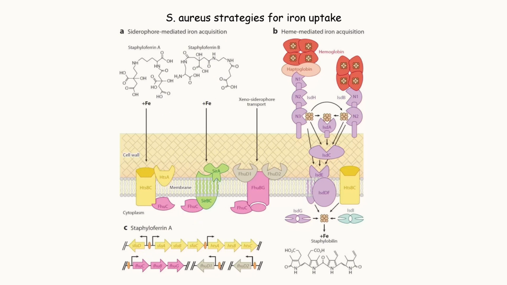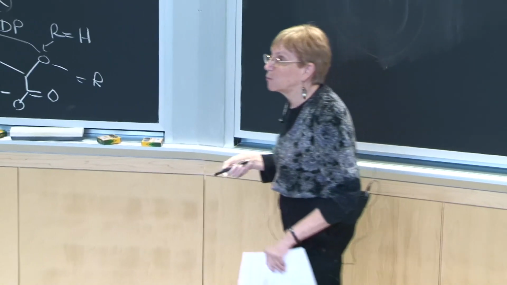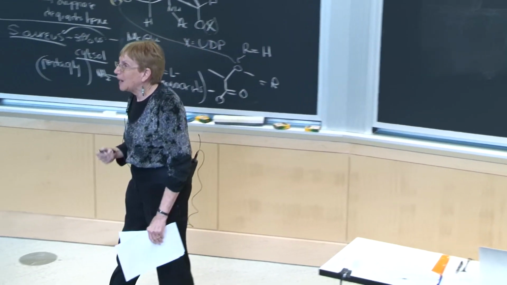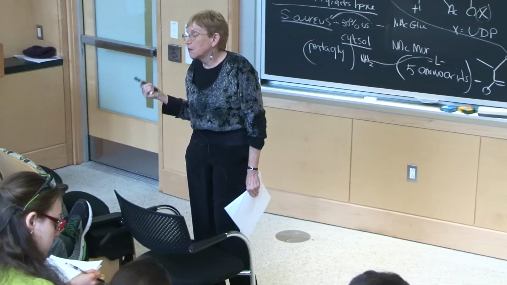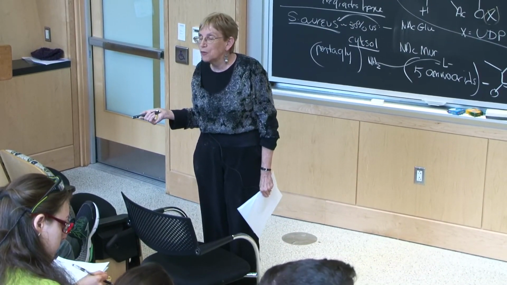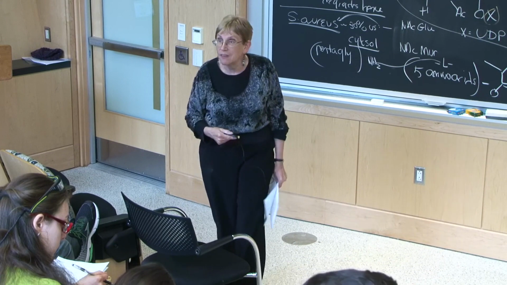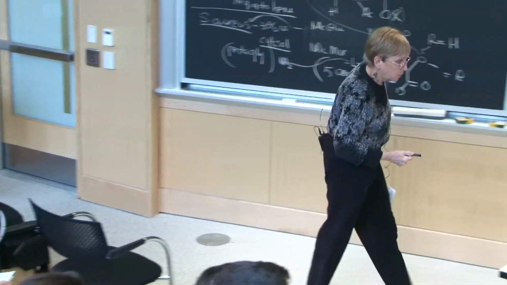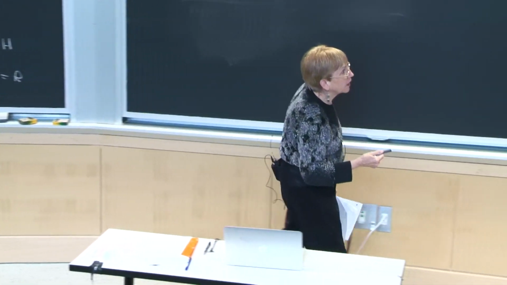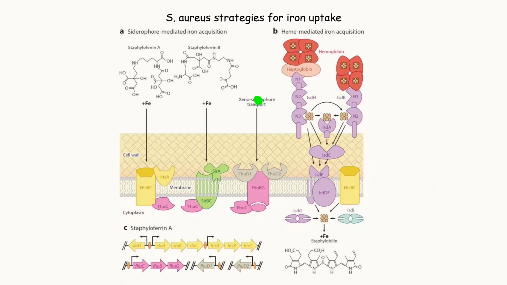And I think what's interesting here, and I've already pointed this out, in addition to the siderophores that the organism makes, it also has a generic transporter that allows siderophores made by other organisms to bring iron into the cell. And so that's a strategy that's used over and over again. So here's a xenosiderophore transport system, desperately trying to get iron.